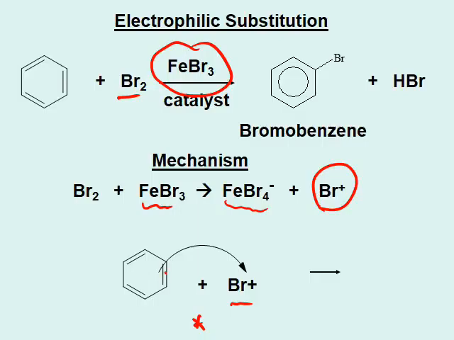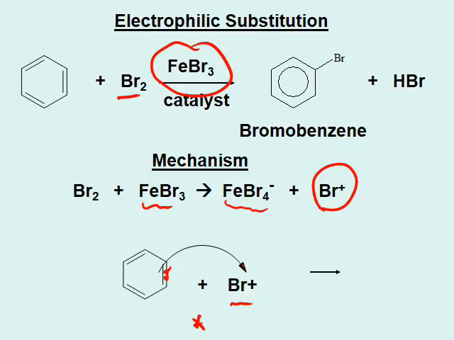That means you have an electron pair in this double bond, and that gets attracted to the Br, and you'd always see this arrowhead that originates from a pair of electrons towards the positive charge, and that's what we're showing you here. So this pi bond donates its electron pair to Br plus, and as a result of that, you'd see what's going to happen.